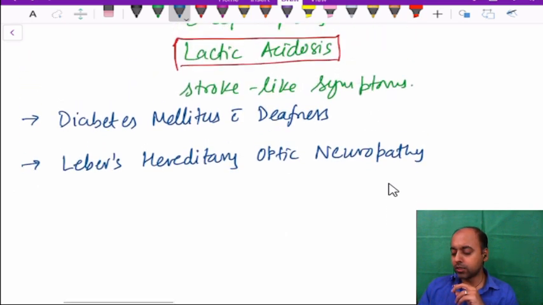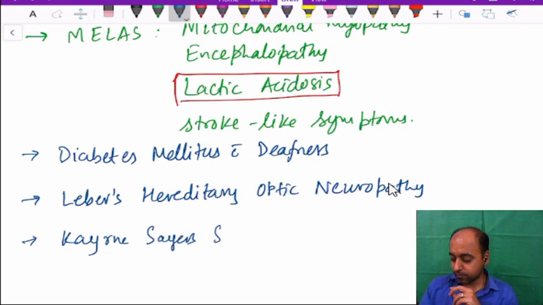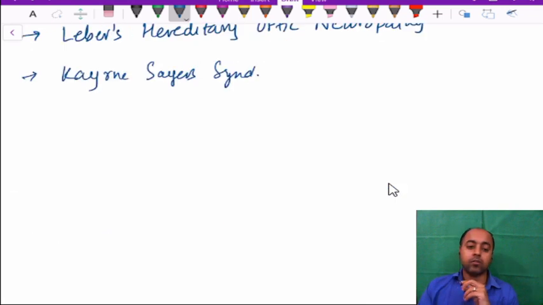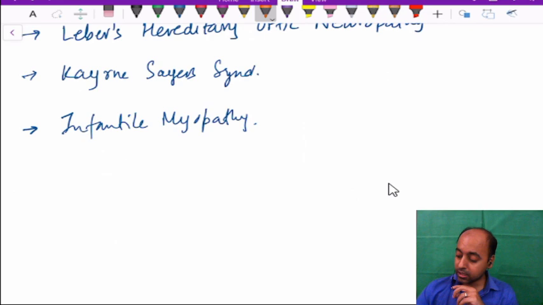Okay, so these are some of the common disorders that we see. We have something called Kearns-Sayre syndrome. Then we have infantile myopathy. The next class, when we start, I'll give you the complete list. About 11 disorders are there, a total of 11 disorders which are well identified in the mitochondrial disorders.